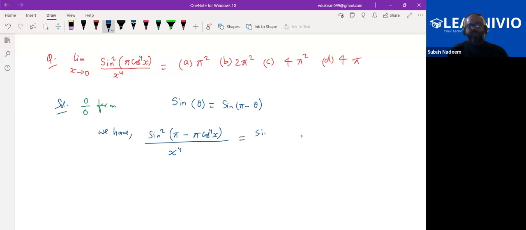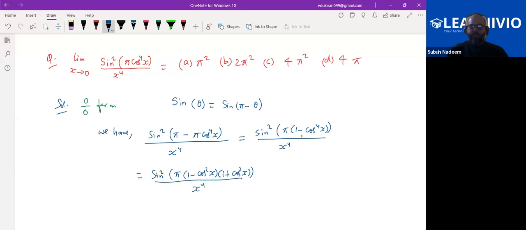Now this is sine square pi, you can take common, and 1 minus cos to the power 4x by x to the power 4. Now you can write it as sine square pi, and 1 minus cos to the power 4x can be written as 1 minus cos square x into 1 plus cos square x, upon x to the power 4.